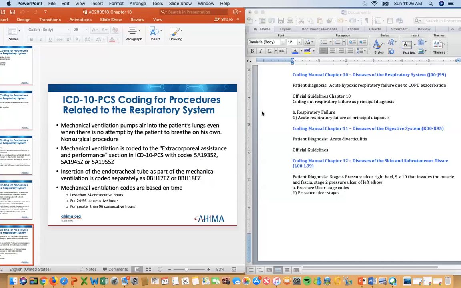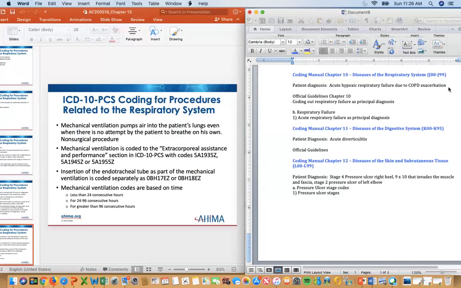To the right, you are looking at my document that states principal diagnosis, acute hypoxic respiratory failure due to COPD. So the official guidelines are chapter 10. So we're going to code this out, and I have torn it down. My first diagnosis should be, I guess I didn't put that there. I apologize.